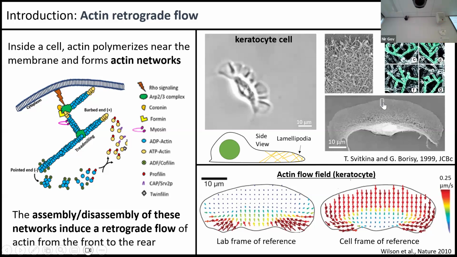You can even see sort of wind or some flow coming from the front of the cell backwards. The reason is that these filaments, as they form, are pushing the membrane forward, but they're also pushing their own membrane and their own filaments backwards. So in the cell frame, you constantly have a flow of these filaments from the front to the back.